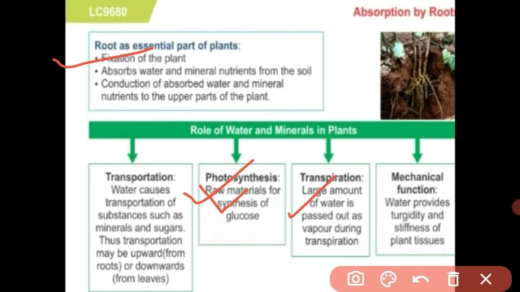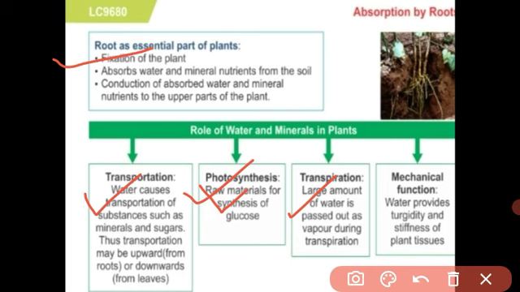Okay, students, and another important function is transportation. As you know, in our body blood is a liquid, the oxygen and nutrients are mixed into the blood, and this blood transports the oxygen and nutrients to all parts of the body.